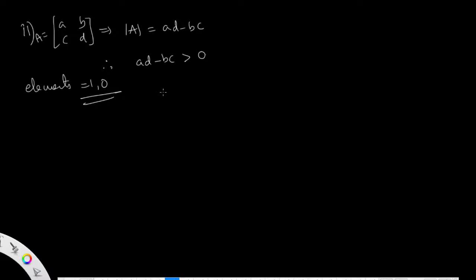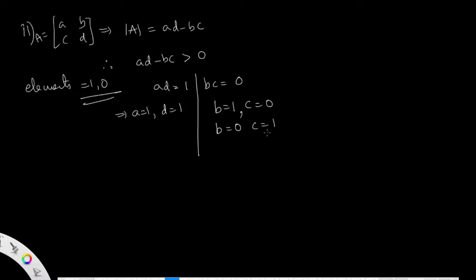Now it should be positive, which means AD must be 1 and BC must be equal to 0. AD must be 1 means A equal to 1, D equal to 1 only. Then BC equal to 0: B equal to 1 and C equal to 0, or B equal to 0 and C equal to 1, or B equal to 0 and C equal to 0. Total 3 ways for BC and only 1 way for AD. Therefore, the total number of ways is 1 into 3, that is 3 ways.